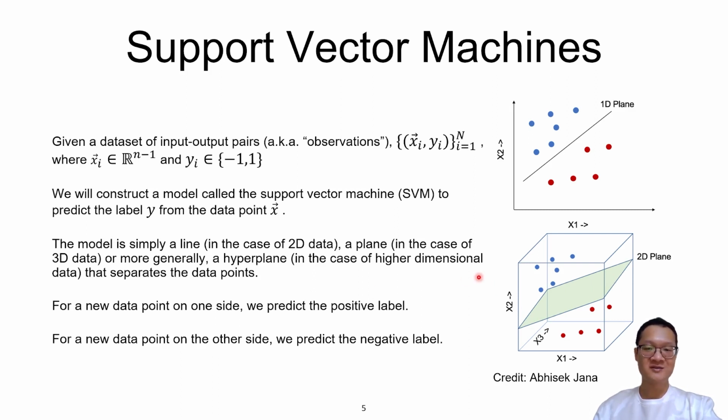During training, we determine this line or hyperplane. During testing, if a new data point lies on one side, we predict the positive label, and if the new data point shows up on the other side, we predict the negative label. That's the basic idea.